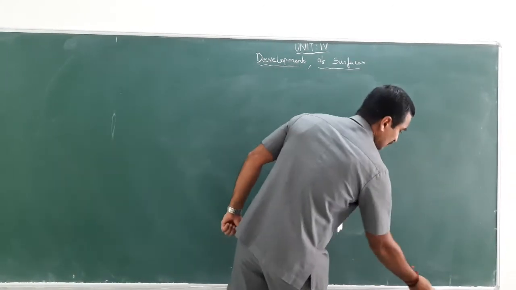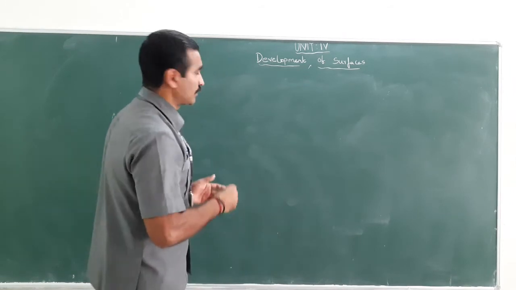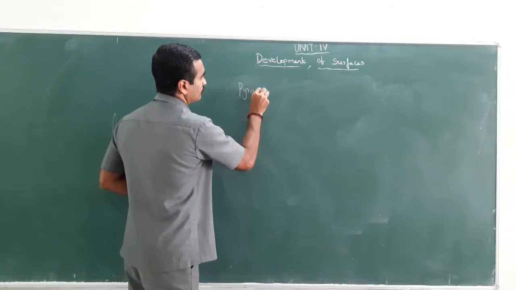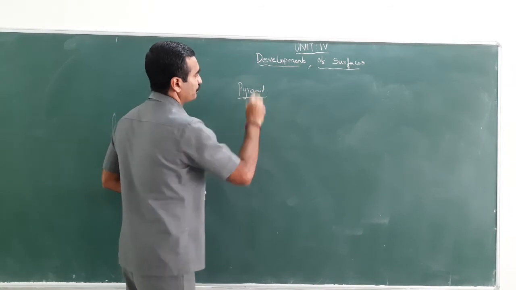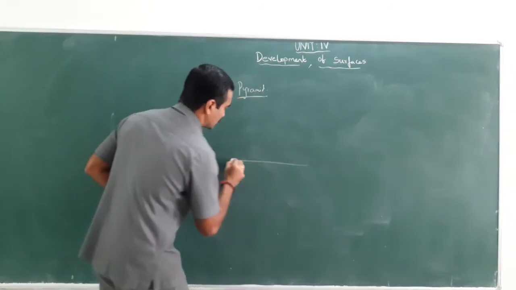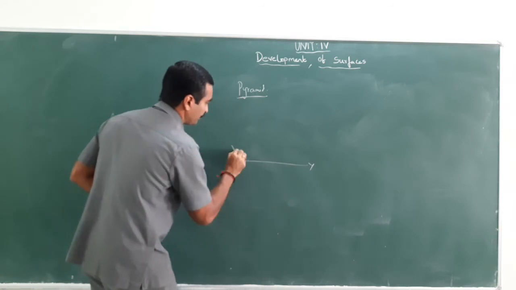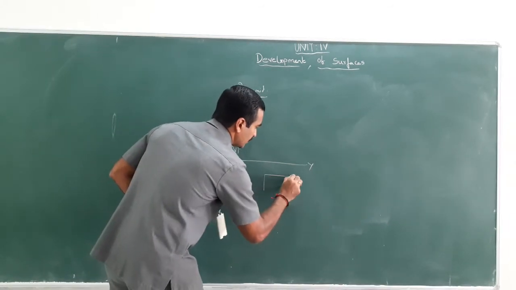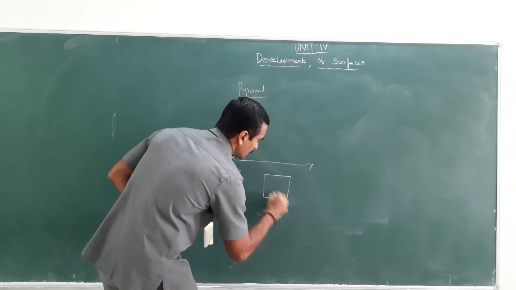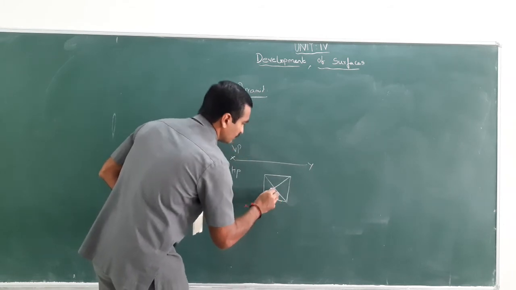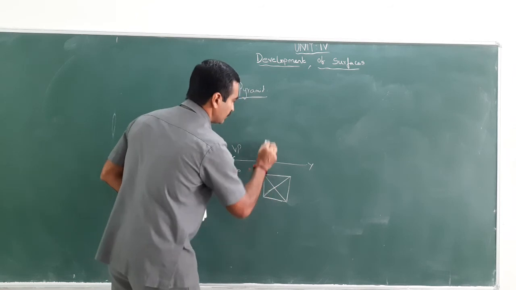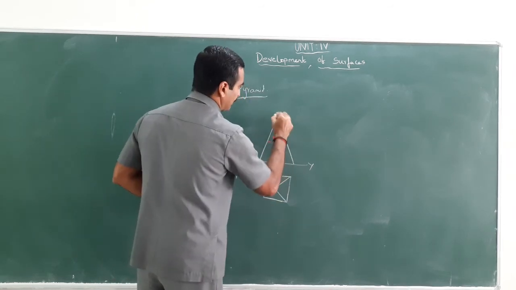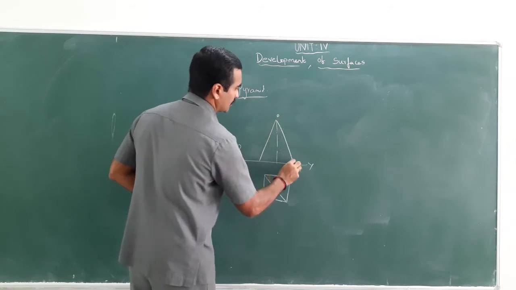Now I am going to draw the lateral surfaces for a pyramid. So yes, a simple diagram of a square pyramid. This is the apex, this is the center. So this is how it looks.